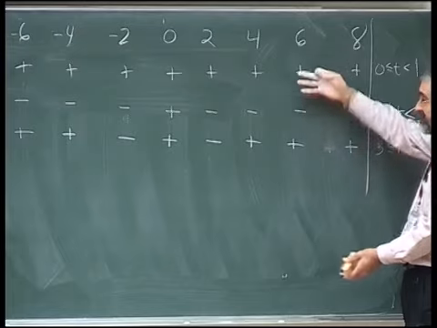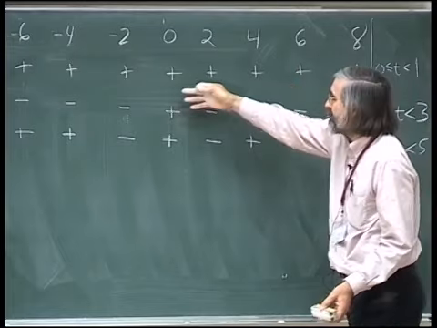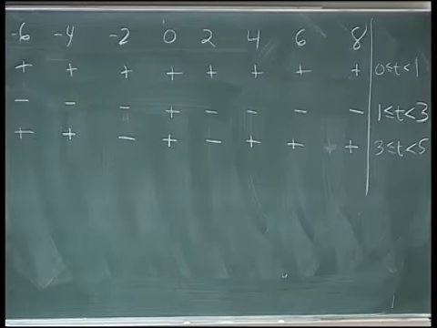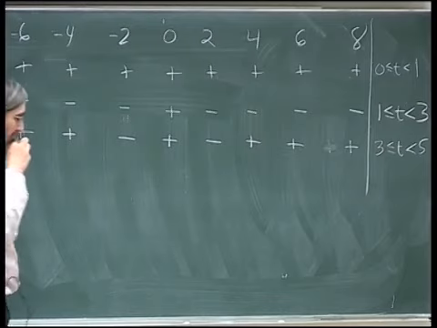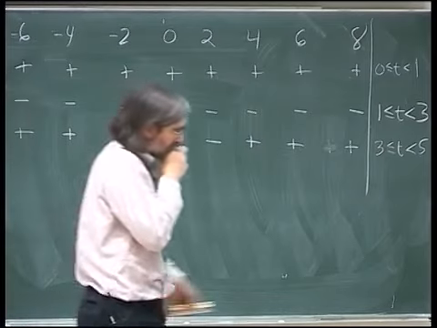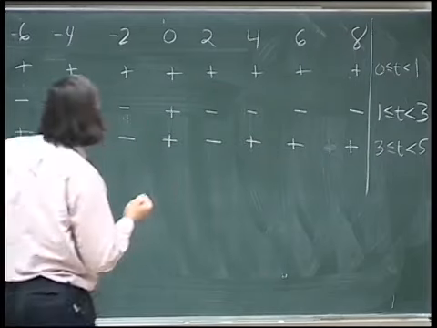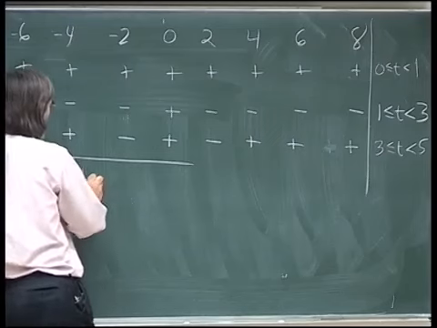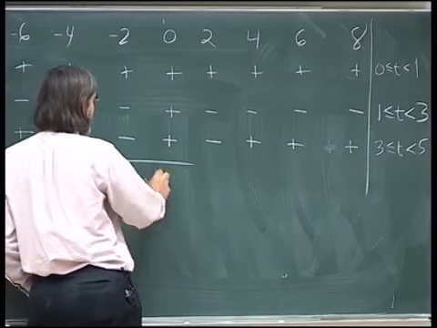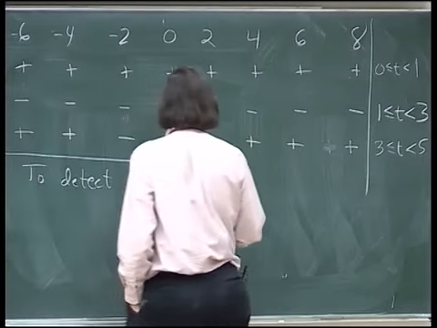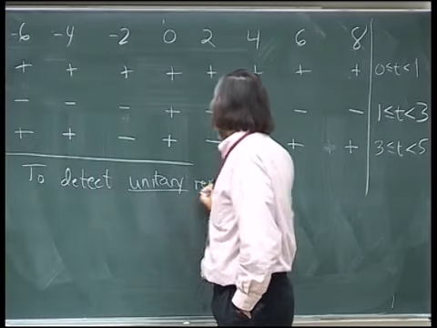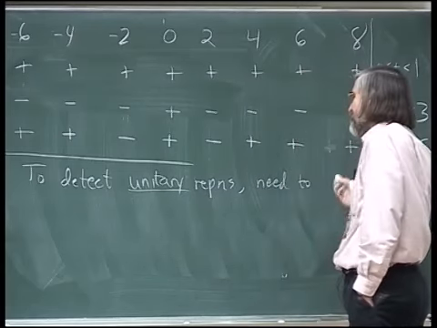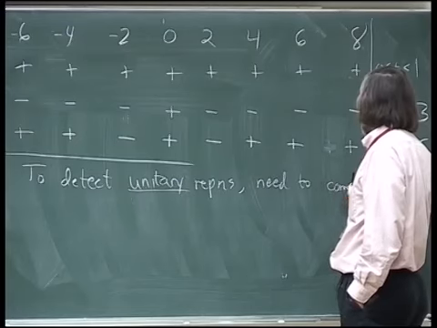But the point is that it's complicated. These things are kind of a mess, and so in order to detect unitary representations, you need to compute these signatures.